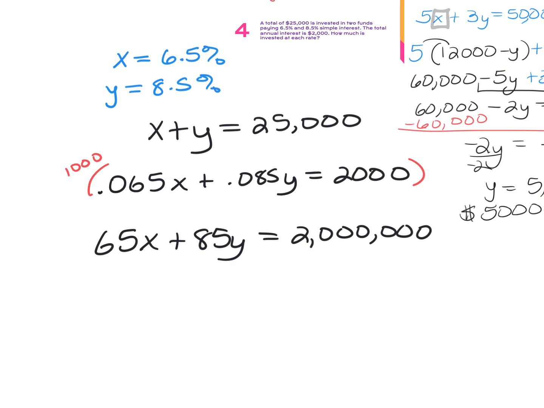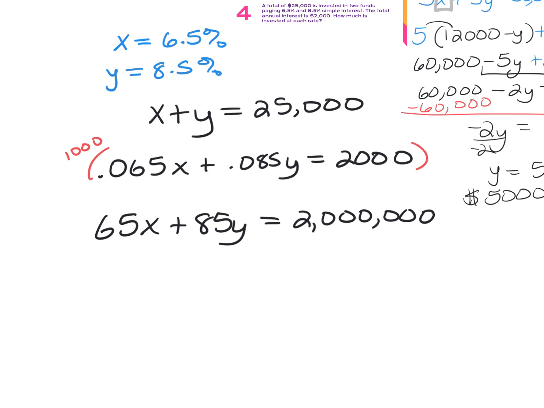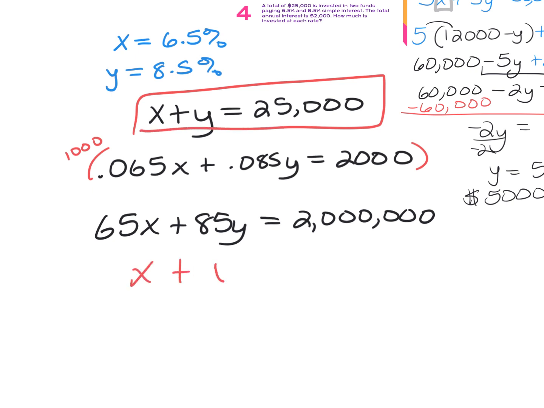Now, let's say I wanted to do the elimination method. I could still go back and do the same thing that I did on number 3. Now, if I do the elimination method, I'm going to take my other equation, and you always want to line it all up. Put the x's on top of each other and the constants and the y's.